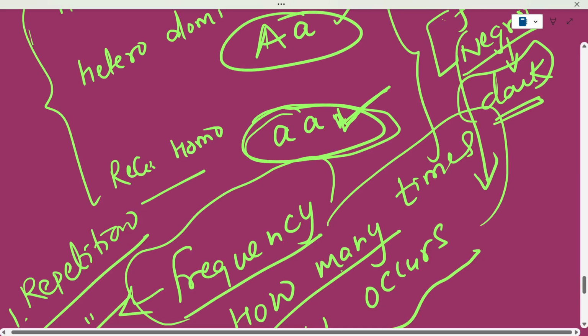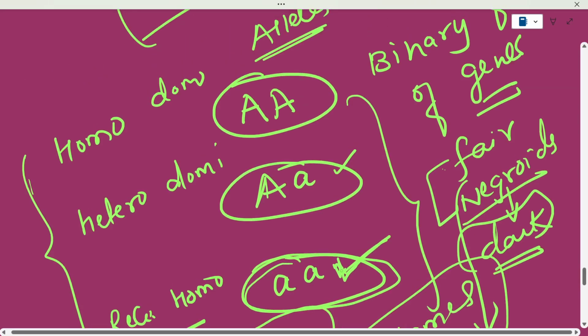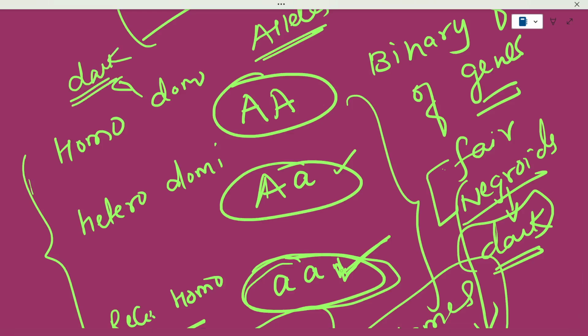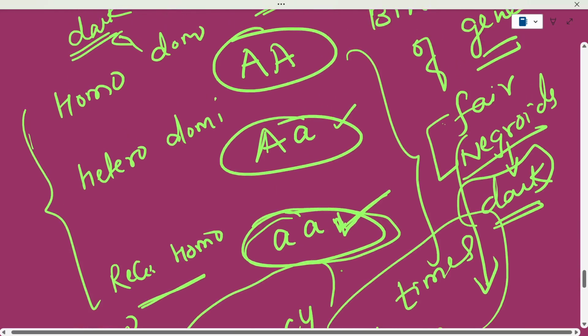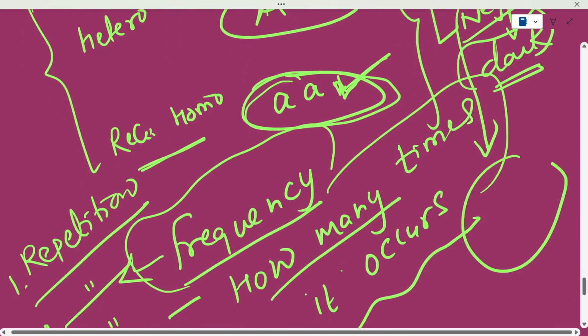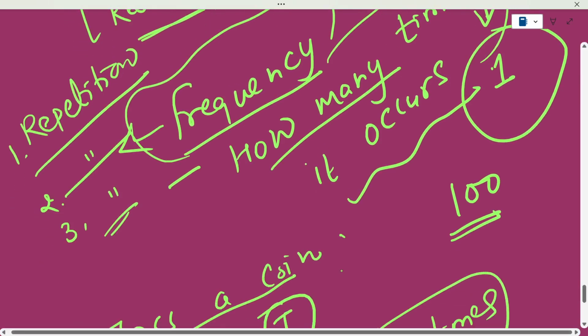So let's say in the negroid population, the dominant gene will be of dark complexion. To look for fair complexion in the negroid population and to cite the frequency, which will be very less, let's say out of 100 people, 8 appear only once. So the frequency will be 1 out of 100 or 0.01.